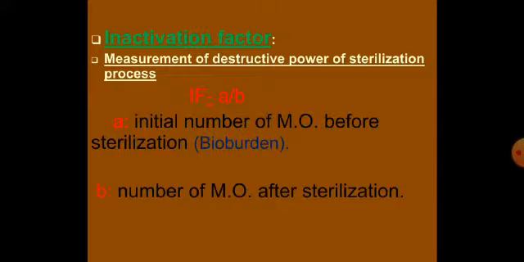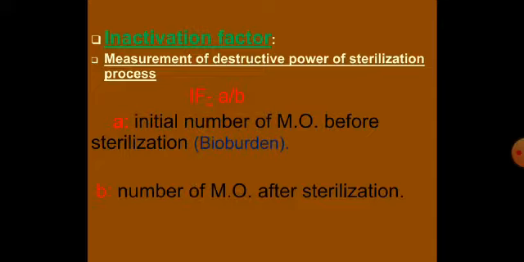Another expression of resistance, inactivation factor. What is the meaning of inactivation factor? Inactivation factor is to measure the total destructive power of sterilization process. In the field of industry, when I obtain any batch of raw materials or other, I want to determine the initial number of the microorganism before I accept it.